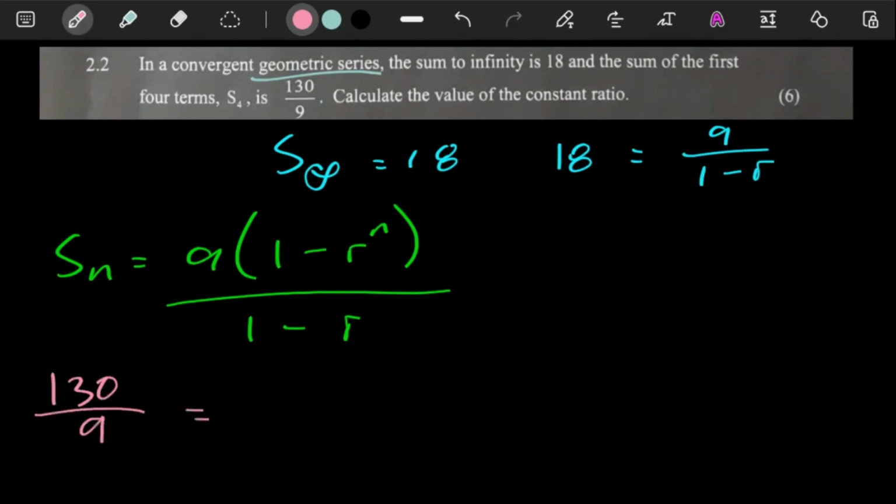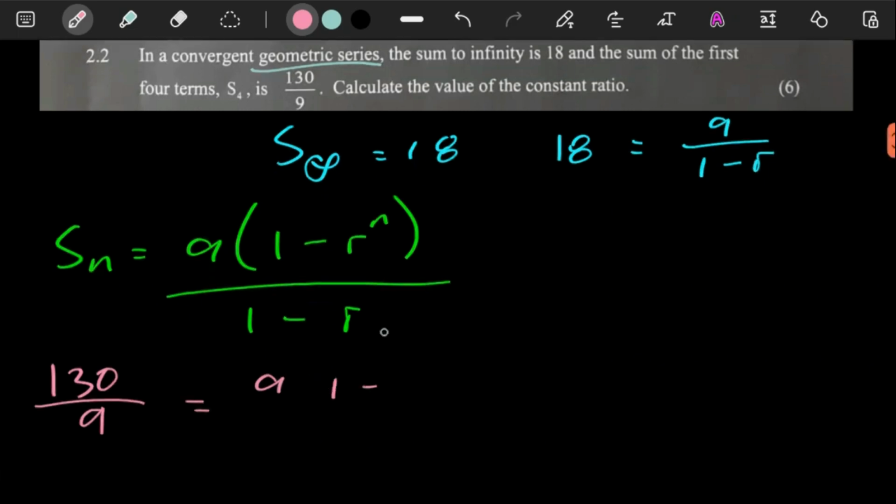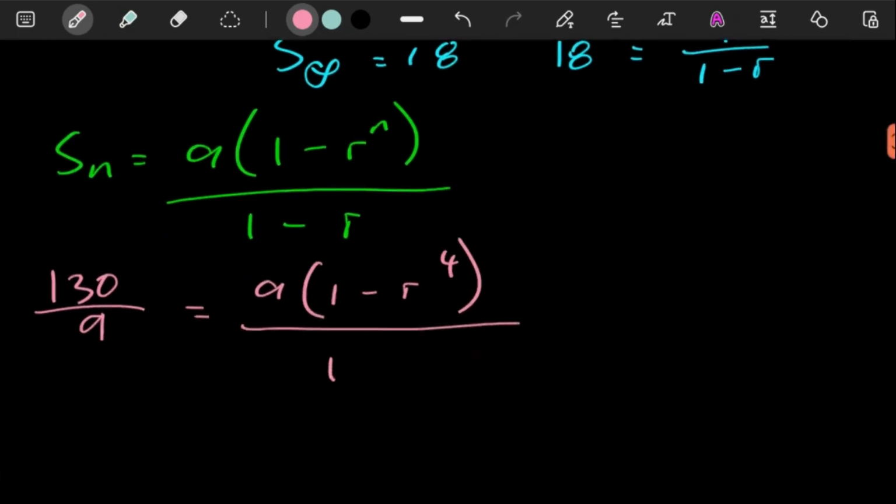Your a value you don't know, so you can just leave a open. You're going to have to work out a and r simultaneously, prioritizing r. So here, a times 1 minus r to the power 4, the whole thing over 1 minus r, right?